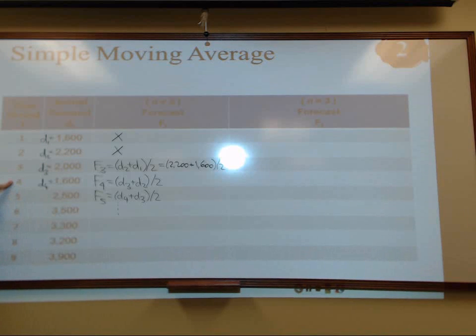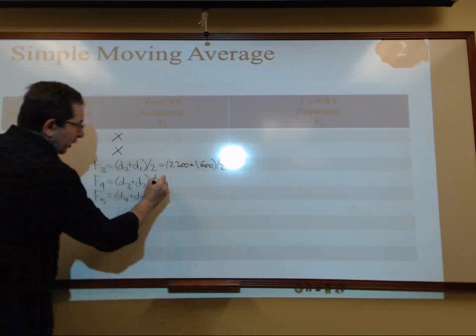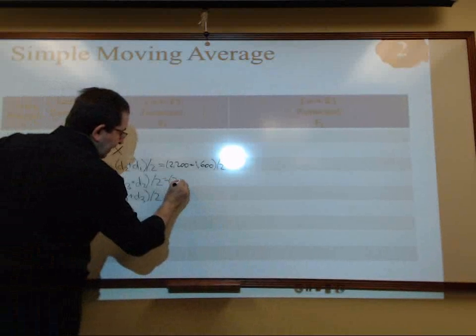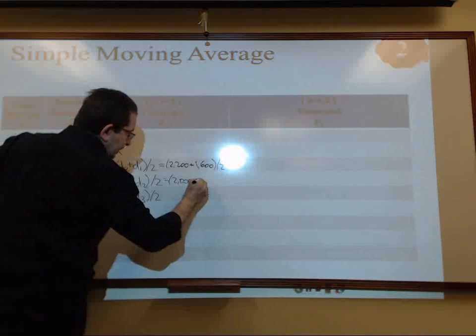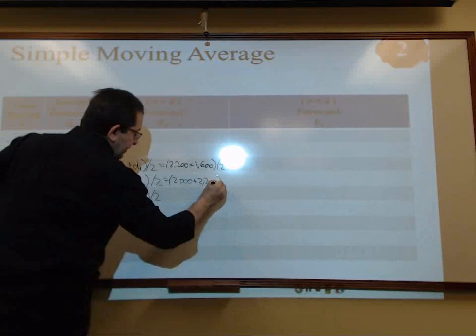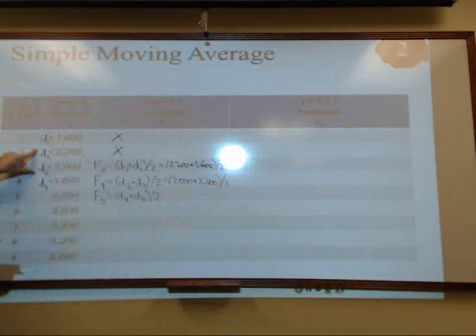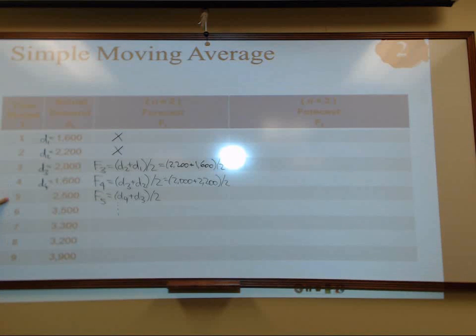So I'm looking at period 4. I take the most recent 2 periods, so 2,000 and 2,200, divided by 2. Okay? And for period 5, I need to average 3 and 4.